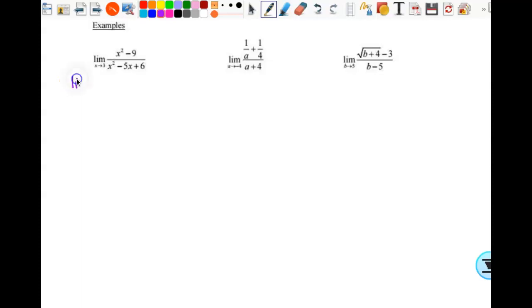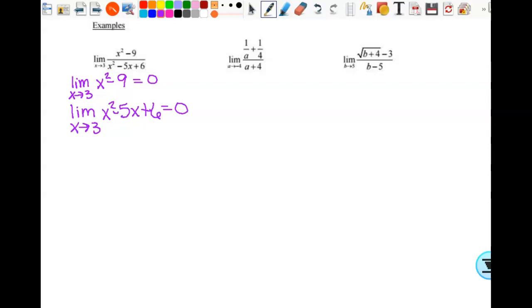The limit as x approaches 3 of x squared minus 9, and the limit as x approaches 3 of x squared minus 5x plus 6. We find those two limits just by direct substitution. If I substitute in 3 here, that's going to give me 9 minus 9, which is 0. When I substitute 3 in here, that's going to give me 9 minus 15 plus 6, which also gives me 0.